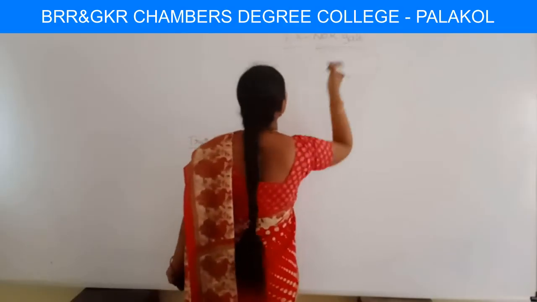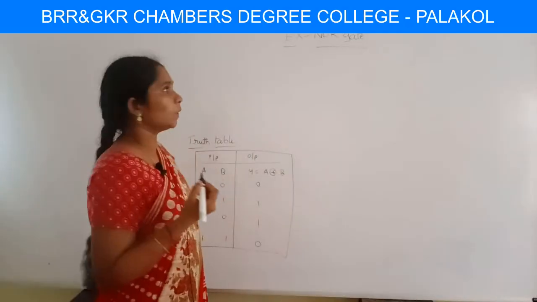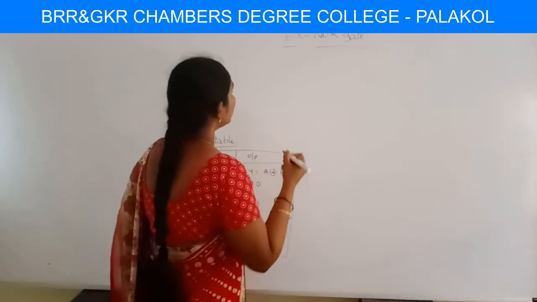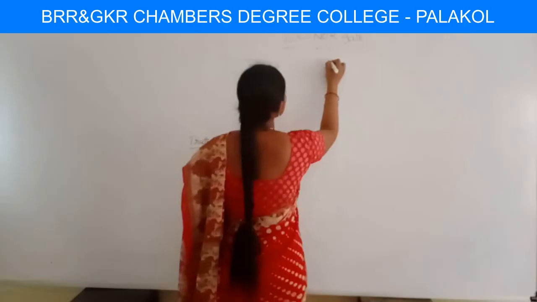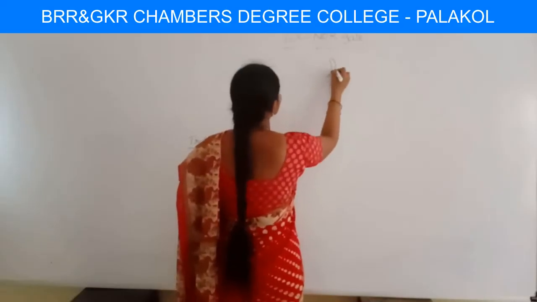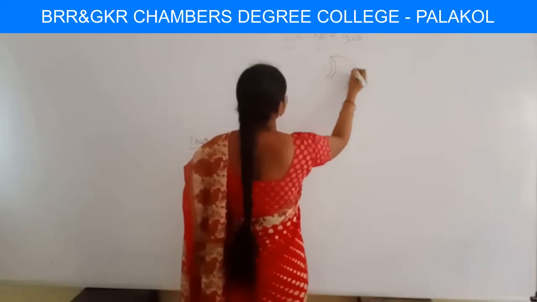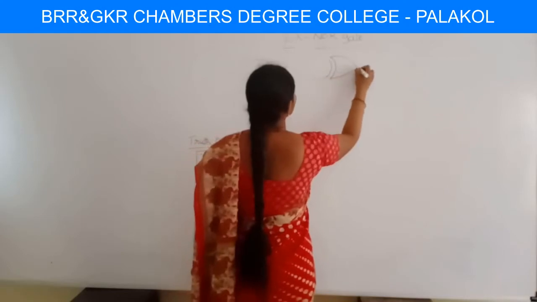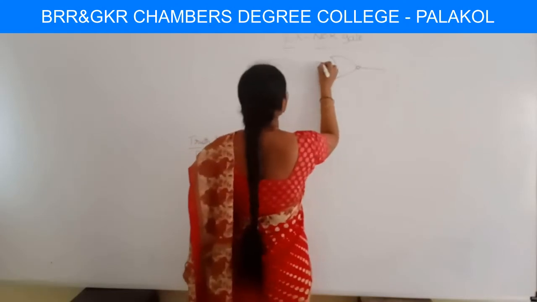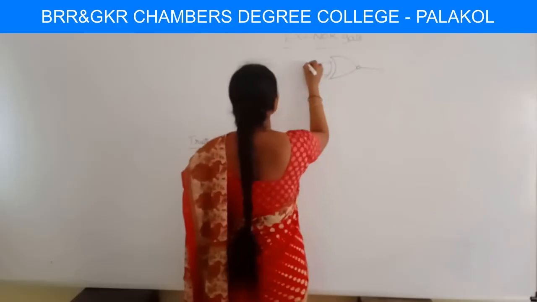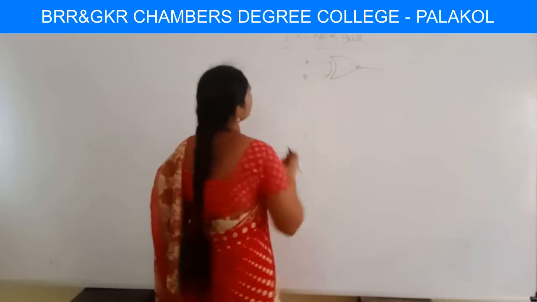In this XNOR gate, the symbol of this gate is, okay, so here this is the symbol, with inputs A and B.